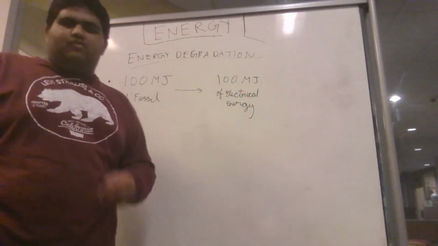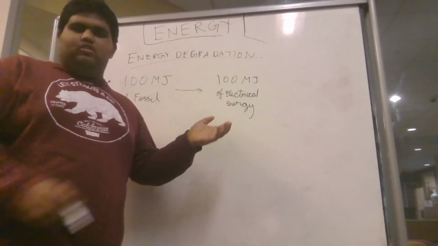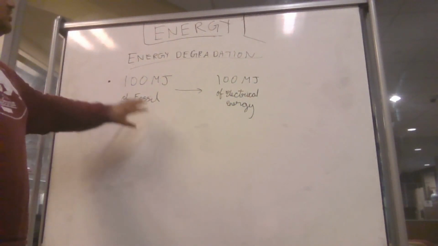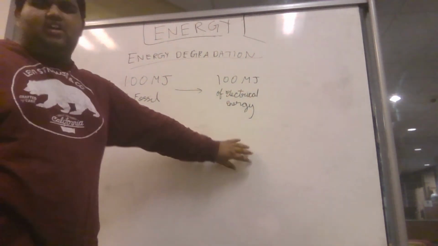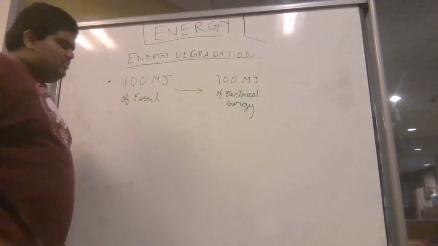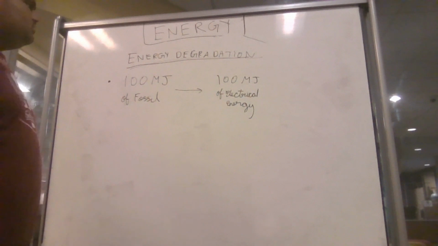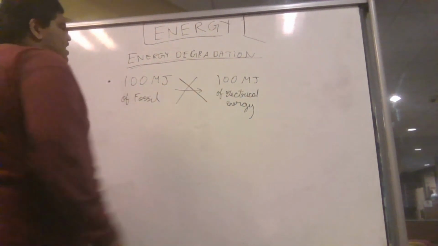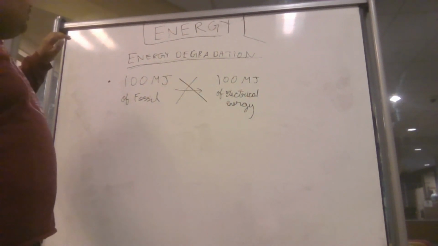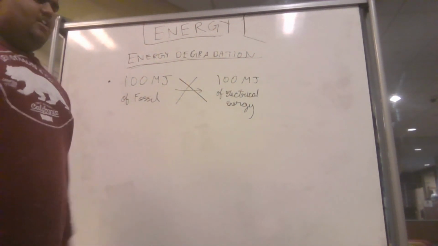Well, let's take a fossil fuel plant, a plant that burns fossil fuels to produce energy. It costs energy to do this conversion, and a lot of energy will be lost to the surroundings in that process. So we cannot expect in real life to convert all of our input energy into the output energy.